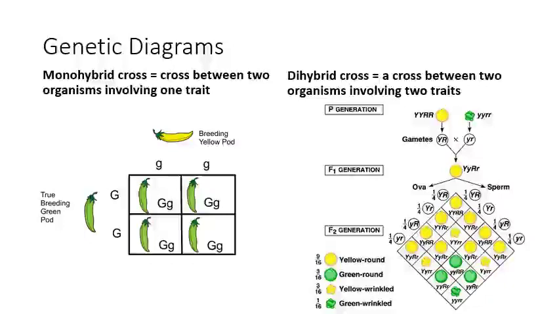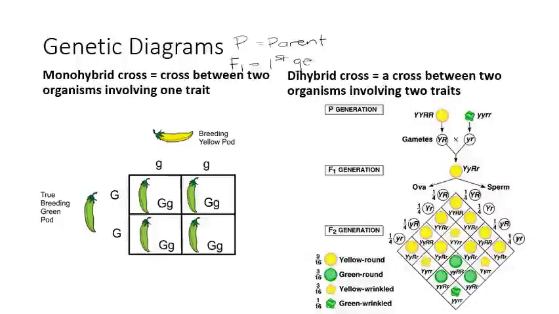This is a breeding yellow pod and a breeding green pod. This is homozygous for these two alleles together. They're exactly the same, so it's homozygous, but these two are also homozygous.